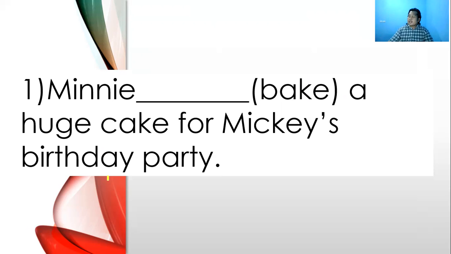What do you think is the past tense of bake? Okay, let's see. The past tense of bake is baked. So we added D at the end of the word bake to make it a simple past tense.